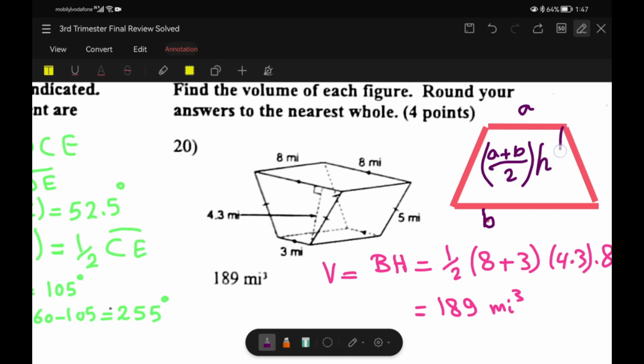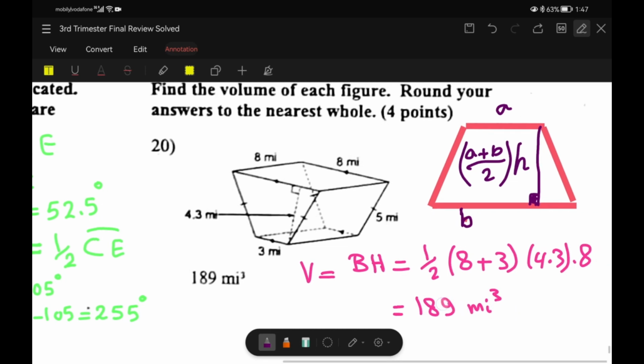If I give you the length of the height, you can find the whole area.